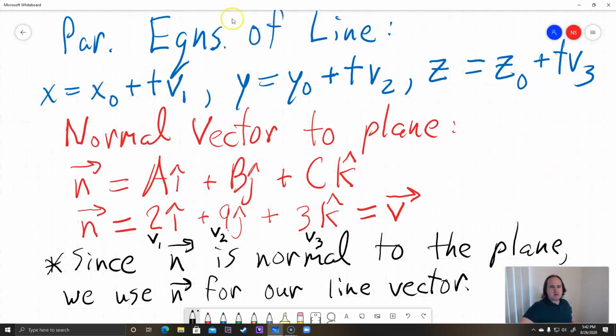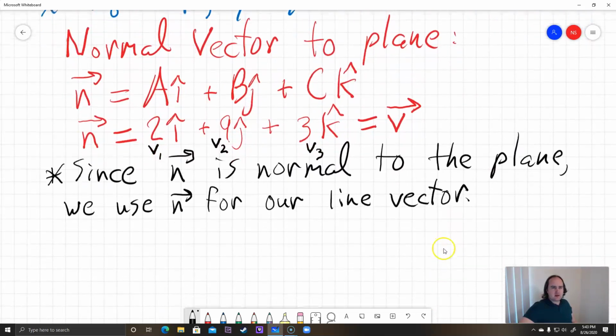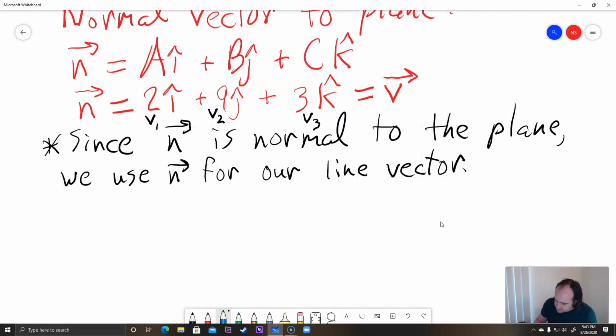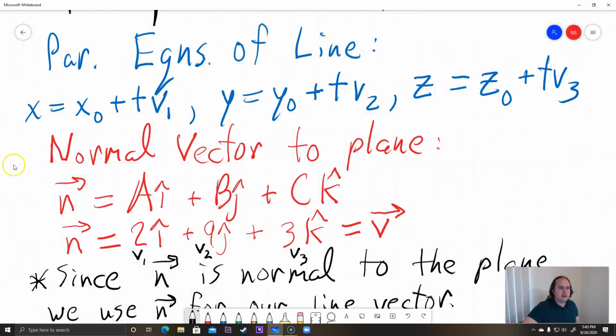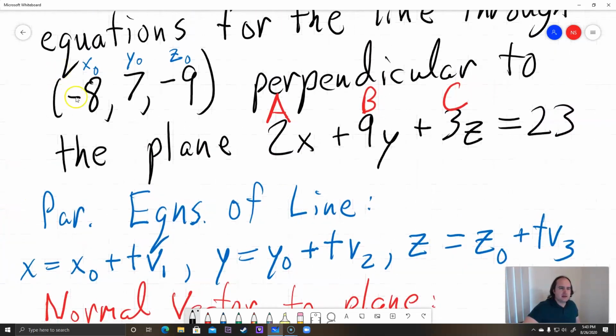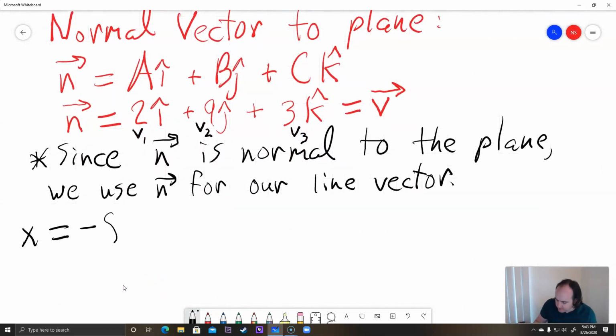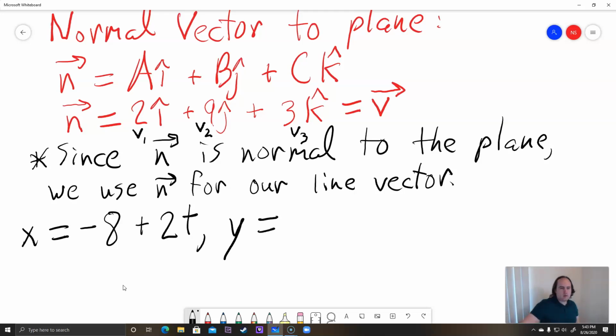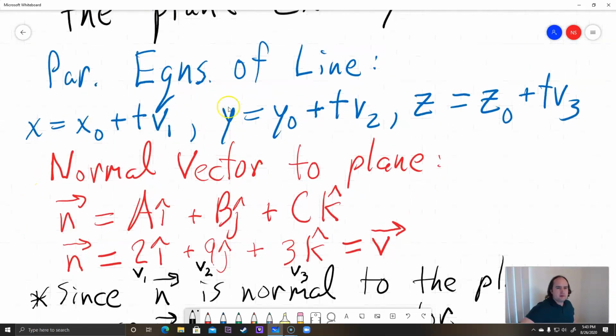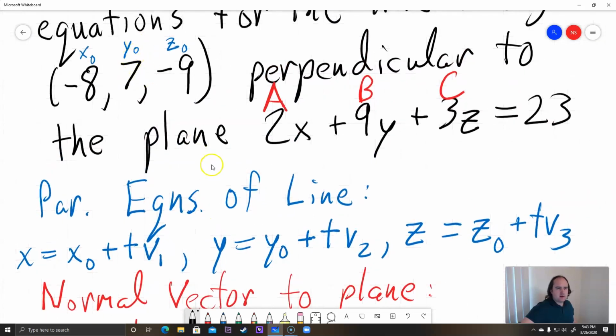Okay, so using these parametric equations of a line and plugging everything in up here, we're going to have x equals x naught plus tv1. Okay, so x equals, well, what did we say x naught was? x naught was -8. So we have -8 plus tv1, well, that's going to be plus 2t. Okay, and then we have y equals y naught. So y naught we said was 7 up here.